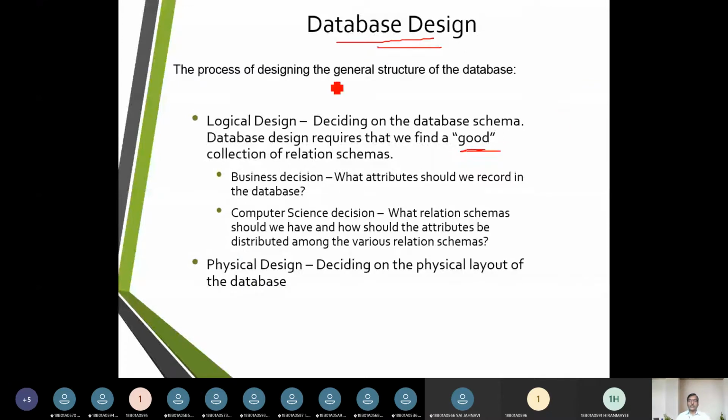For that, it takes up a good database schema. The end outcome should give some good business decisions, some domain specific decisions related to computer science. So it deals with a logical design, which is taken up in the second layer, the logical view.